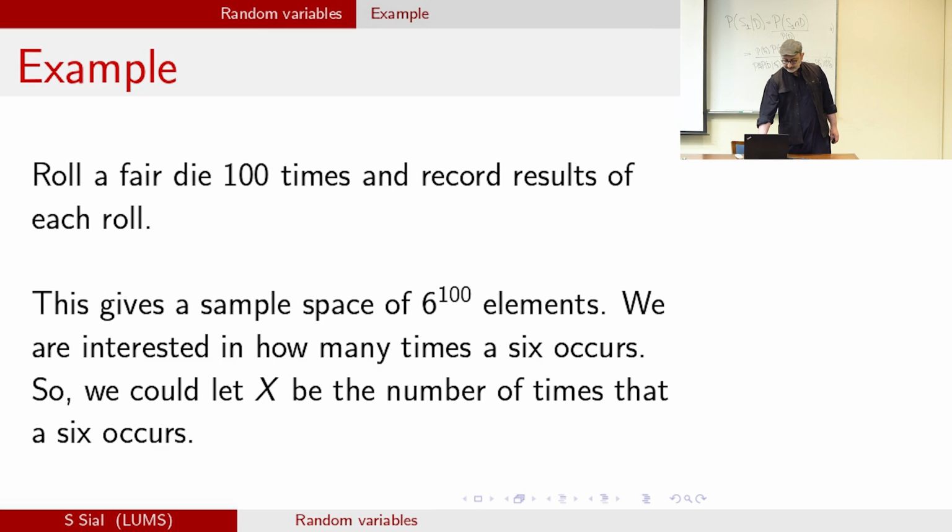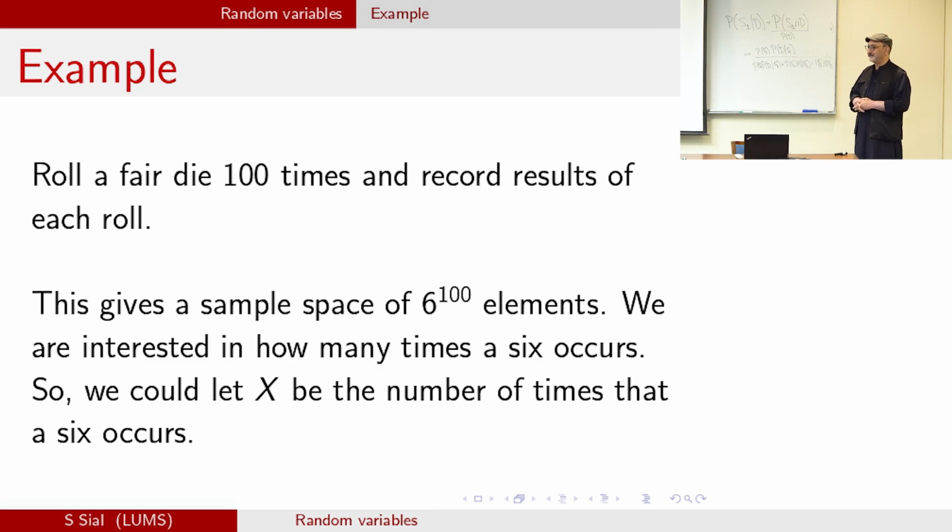Let's try another one. Let's say we roll a fair die 100 times, and we record the result of each roll. The sample space has 6 to the 100 elements, so I'm not going to write it out.